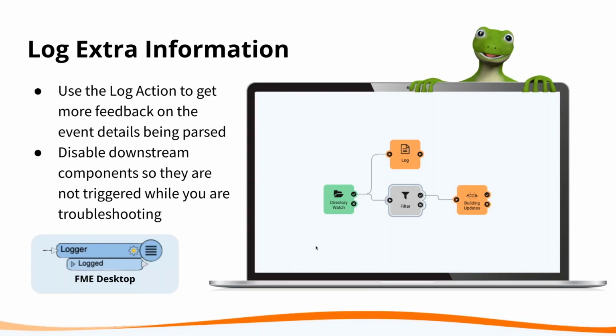So in FME Workbench, you may have come across the logger transformer, and the log action is the FME Server Automations equivalent. So depending on whether you're troubleshooting an error within a job or within an automation component, either one may come in handy.